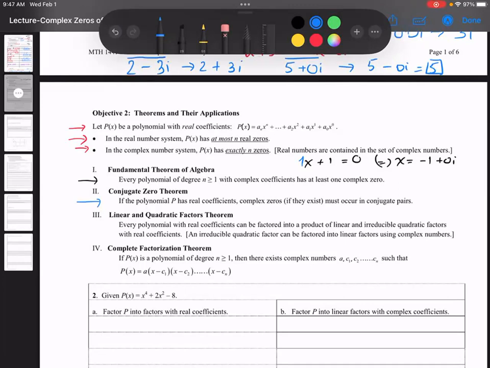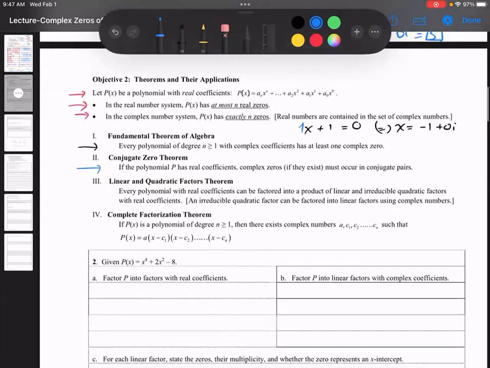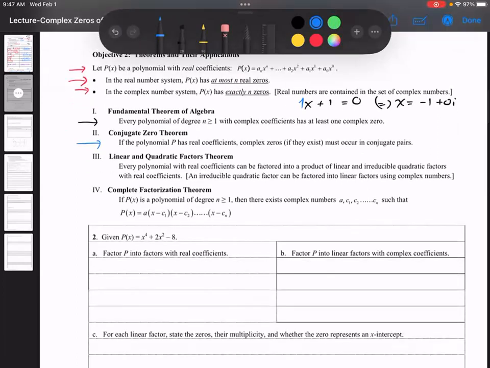Maybe I'll show you this when we come to the example. What it says is that for an equation, if you have one complex solution, there's always another, its conjugate pair. I'll show you the example of what they meant by that. Maybe that'll be more clear.